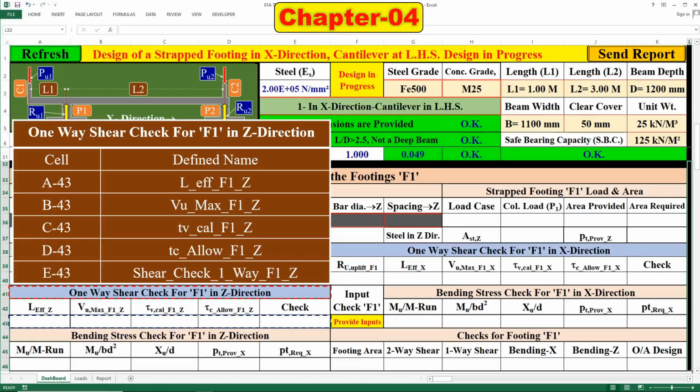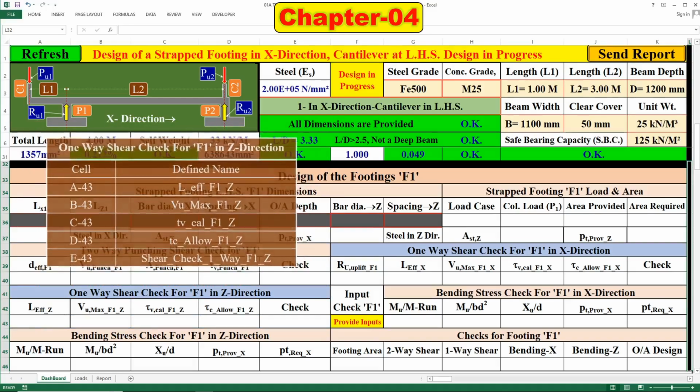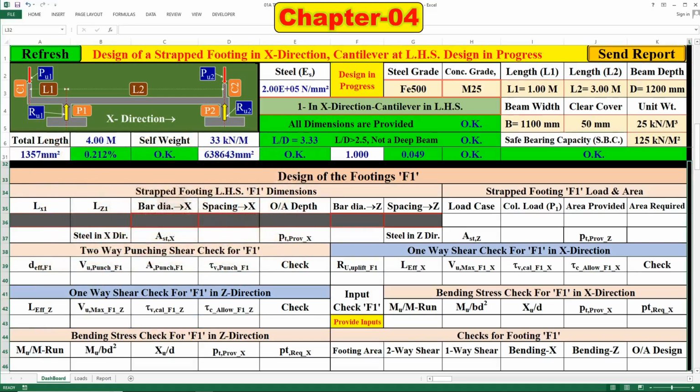By copying these cells and pasting them into this table, we only need to adjust the defined names. Since the formulas use the same types of defined cell names ending with _Z, I am skipping this portion from the detailed explanation and moving on to the calculation of bending stress in the next slide.